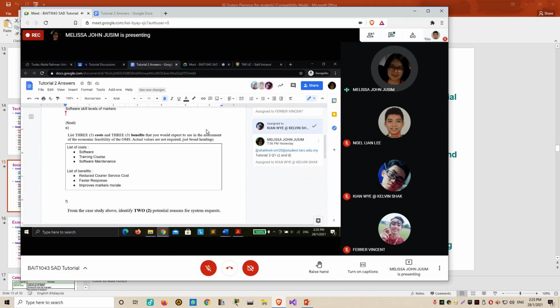This one is in fact improves markers morale. It is an intangible benefit because we cannot say our markers morale is improved by 100 ringgit. We cannot say that, so it's an intangible benefit. But I don't think it's the markers, Noel.